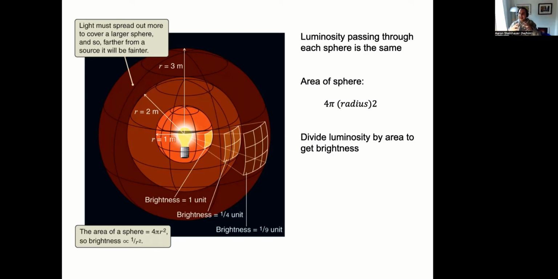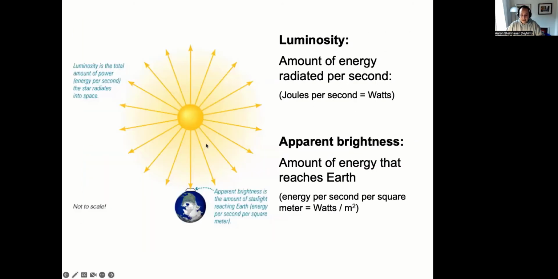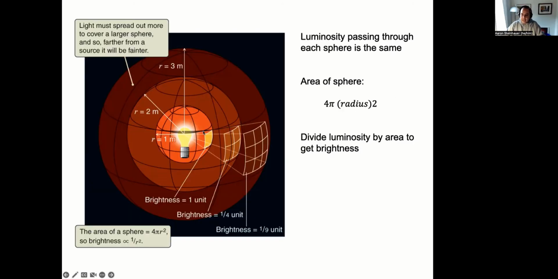How is the size of that shell expanding as it goes away? Well, if you're 1 meter away from that object, you could imagine all of the light that's contained within this 1 unit cell, right? A particular amount of energy is contained within this 1 square unit cell. It doesn't even matter what the units are.